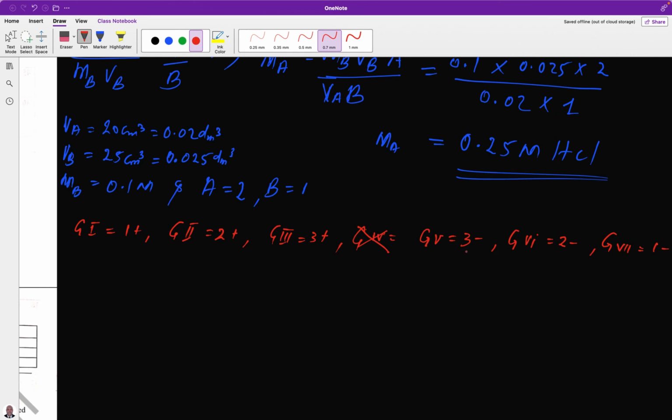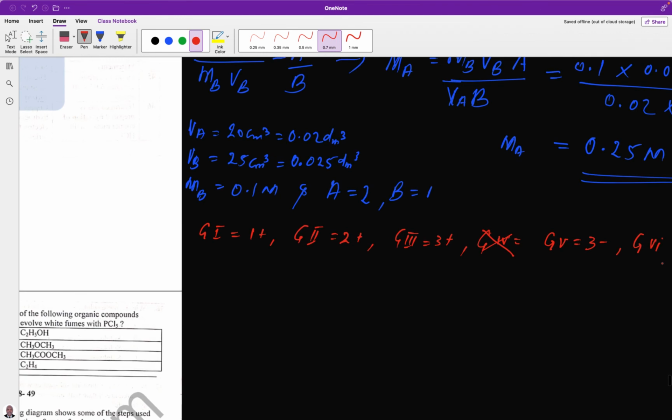A charge of minus 3 for group 5 shows that 3 electrons are gained to complete its outer electron shell. Group 6, 2 minus, shows that 2 electrons are gained. And group 7, 1 minus, shows that 1 electron is gained to obtain a full octet.